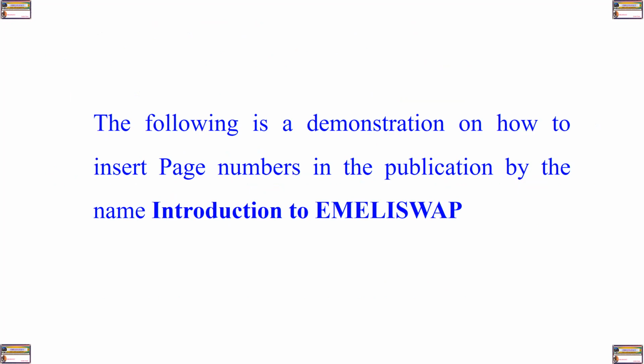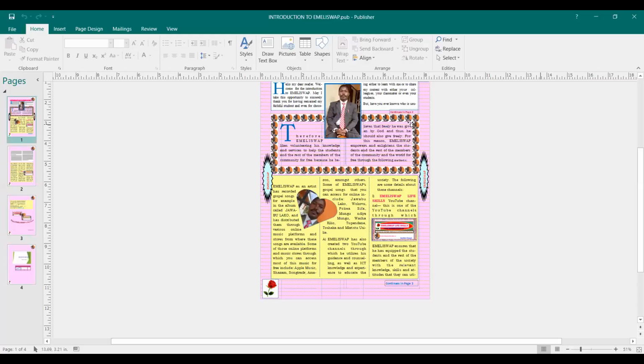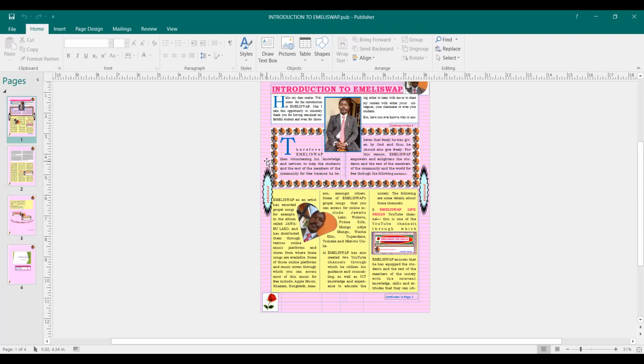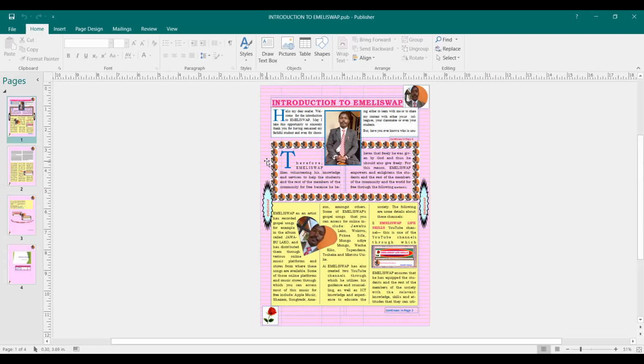For example, in the publication by the name, Introduction to Emily Swap. So while you are in the publication, remember I have said in the previous tutorials that it is good that you ensure that you are able to view the contents of each of your pages clearly.